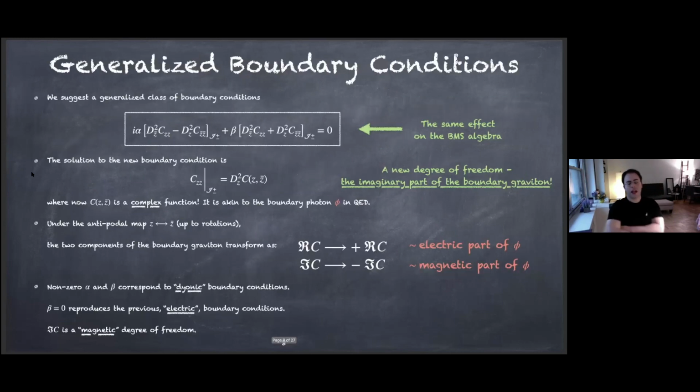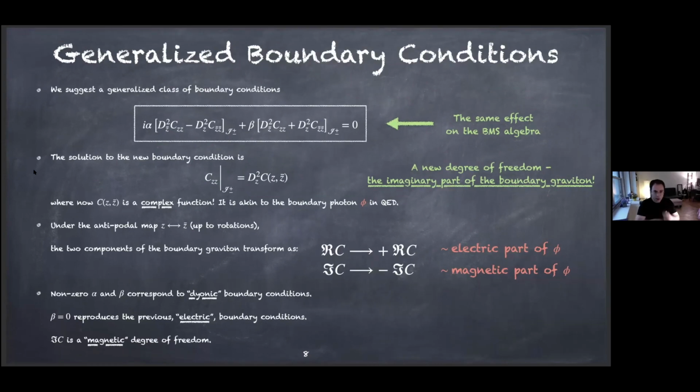And I will start with our suggestion for a generalized class of boundary conditions. It is given by the following expression. Here in this expression, the first term, whose coefficient is alpha, is identical to the boundary conditions that I discussed previously.